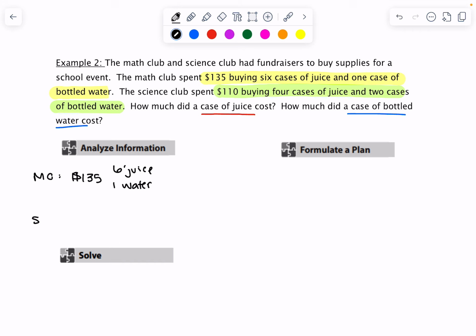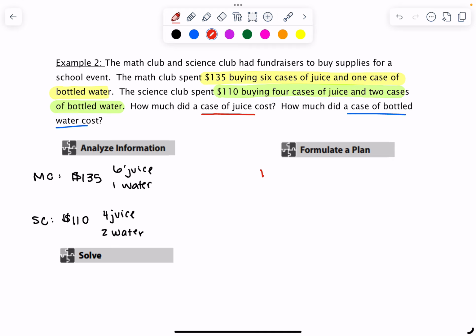The Science Club spent $110 and they got 4 juice and 2 water. So there's my summary of information. What don't I know? I don't know how much the juice costs and I don't know how much the case of bottled water costs. So those are going to be my variables.